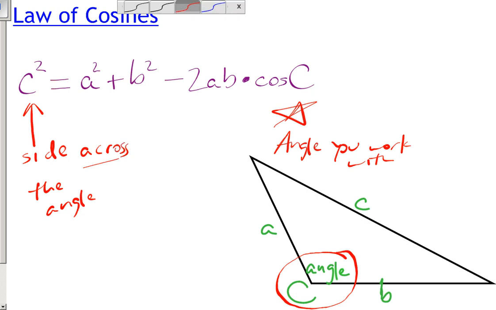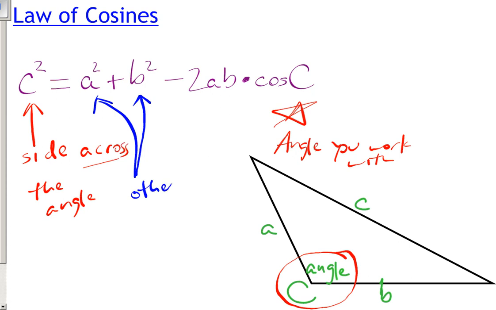And then the other two sides, the sides A and B, are just, and maybe I'll use my vernacular that I learned growing up, the "othering" two sides of the triangle. So the other two sides. So in this case, here's the angle you're working with. There's the side across, so it would be c squared equals, and then pretty much everything else is relating to the other two sides on the right part of the equation.